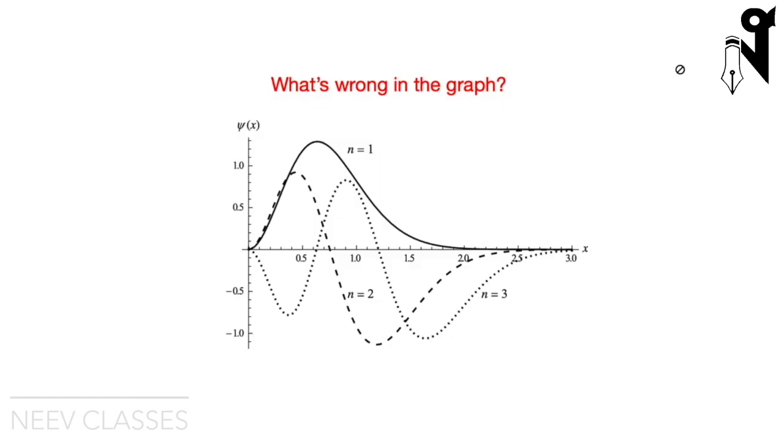Okay, can you tell me what is wrong in this graph? Can you look at the graph and tell me what is wrong in this graph? Just pause the video and do it, and then you resume. What can this graph be for? It is written as psi over there, n is 1, n is 2, n is 3.